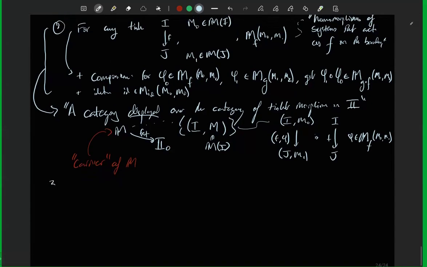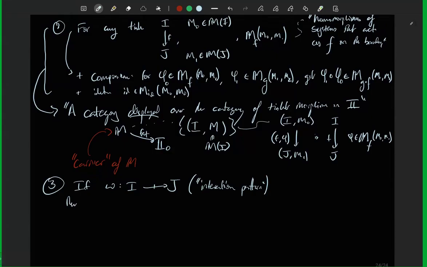So then 3 is that suppose we have W, which is a loose in J. So we think of this as a composition pattern or an interaction between systems. Right?